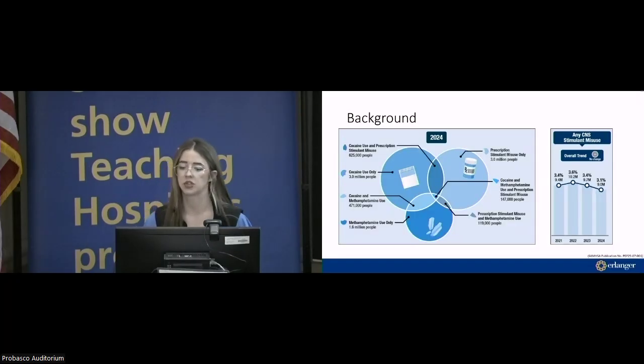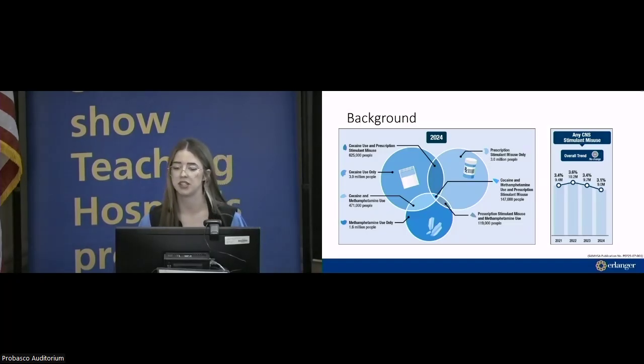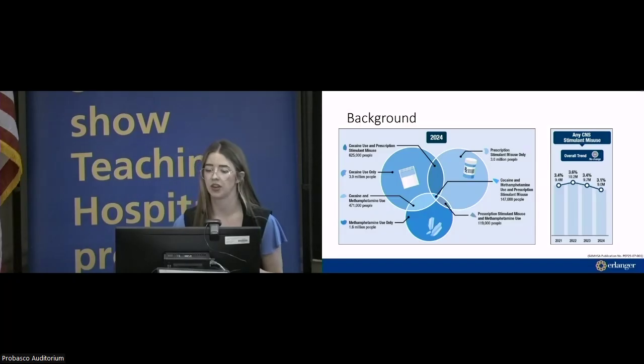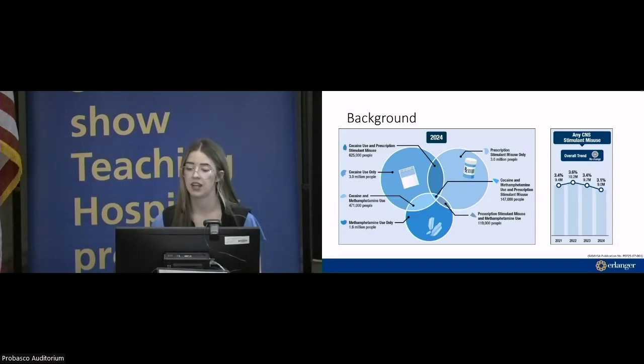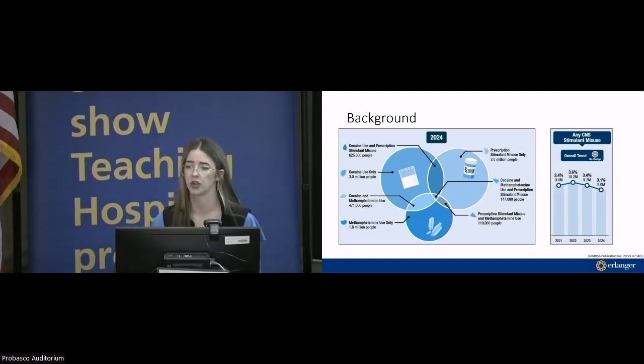This figure uses recent Substance Abuse and Mental Health Services Administration data to emphasize that stimulant use and misuse is common and is often overlapping. In the figure on the left, we see a sizable population using cocaine only, methamphetamine only, and a significant group with combined cocaine and methamphetamine use. There's also a large overlap between prescription stimulant use and illicit stimulants.